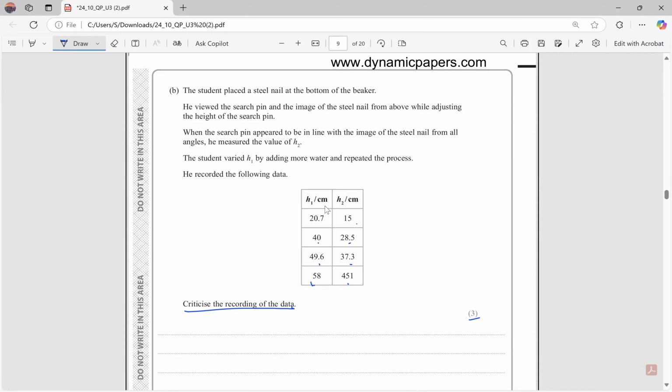That is definitely an anomaly. It's too large compared to the rest of the data. So it should be in 40s or 50s, not 400s. That's one of the problems. What's the other problem with the data? The first reading is 20.7. That's 3 decimal places.